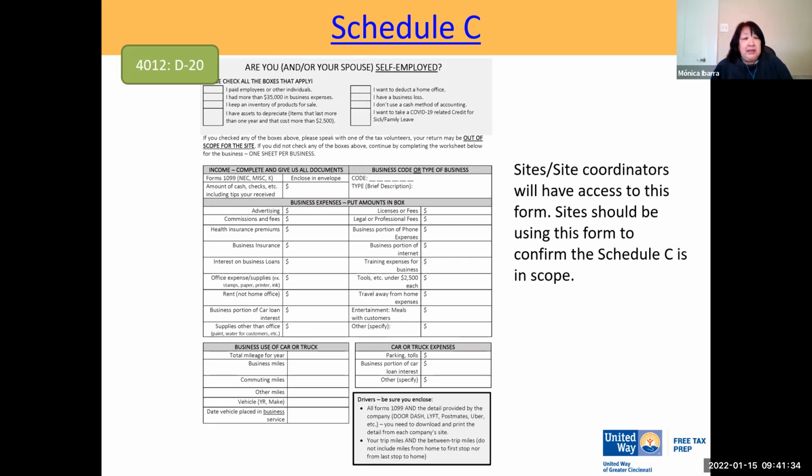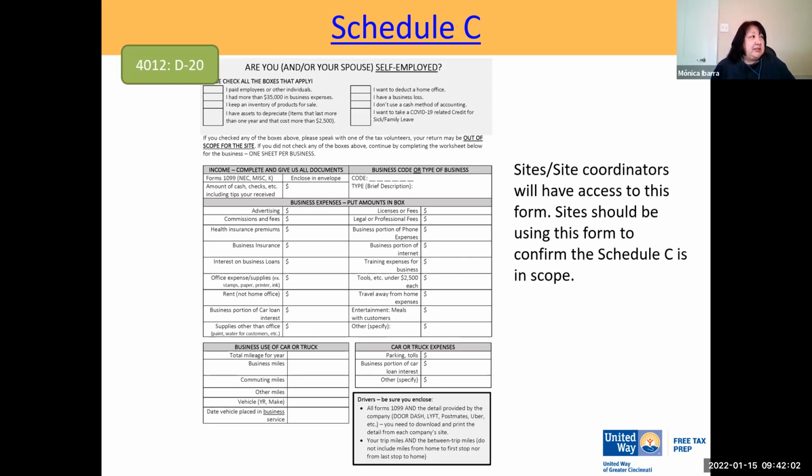Because we are VITA sites, in general, we do a very small sector of the entire world of tax returns. We prepare tax returns for low to moderate income people and within certain limits. We're trained to do the things that we do very well, but there are things that are outside of the scope of what we are allowed to do as a VITA site.